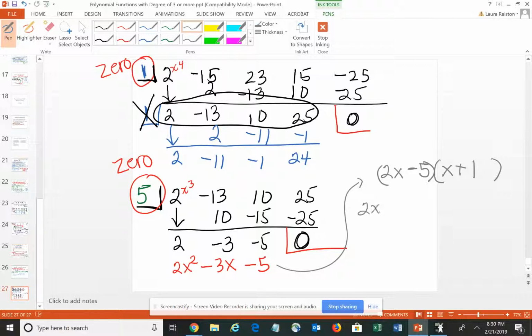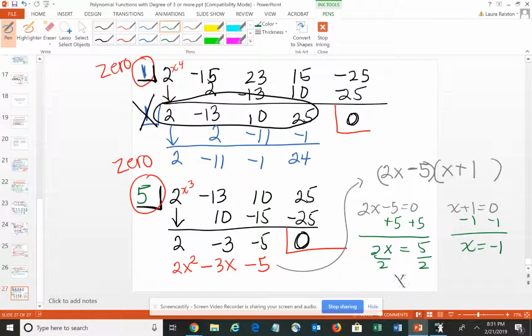So I know one of those had to be 0. So either 2x minus 5 is equal to 0, or x plus 1 is equal to 0. If I solve each of those respectively for x, I'm going to subtract 1 from either side first, so x is negative 1. And then the last one, 2x equals 5.